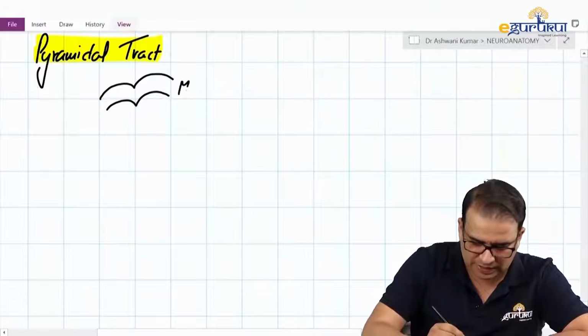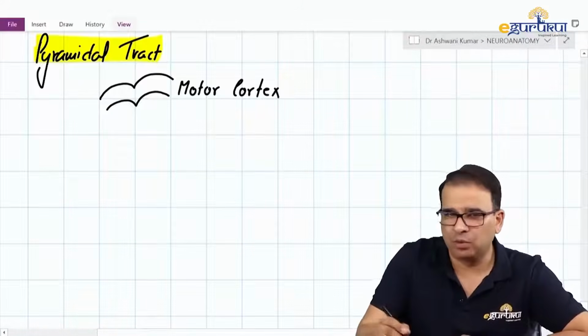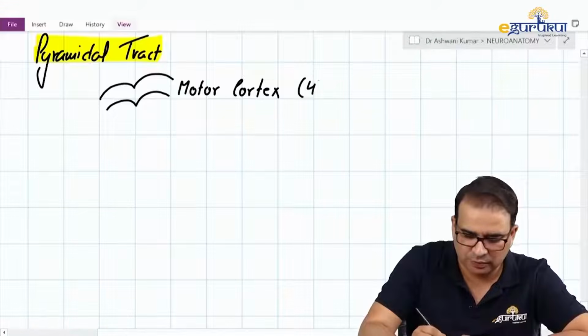This time we'll be looking at the motor cortex. It is a descending tract, so obviously we'll start with the motor cortex, guys, area number 4.